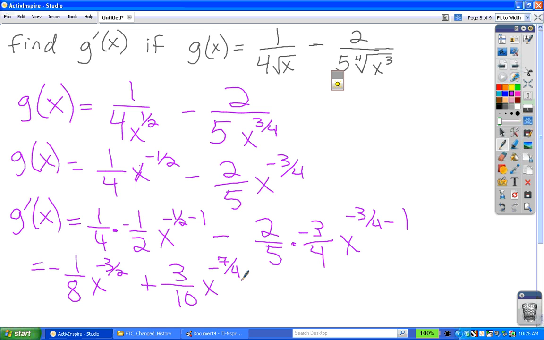So I'll get negative 1 divided by 8 times the square root of x cubed plus 3 divided by 10 times the 4th root of x to the 7th power.